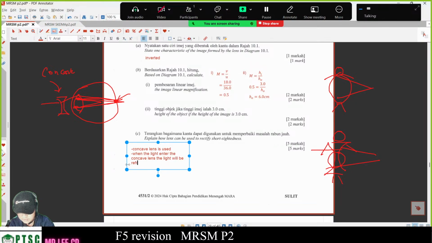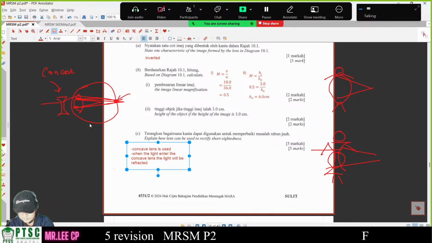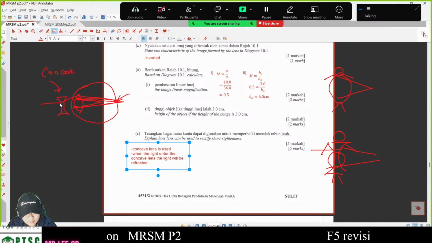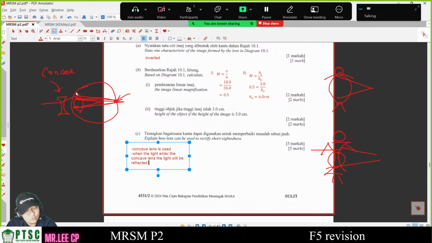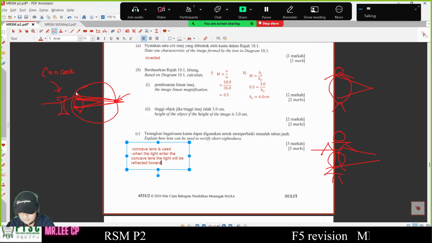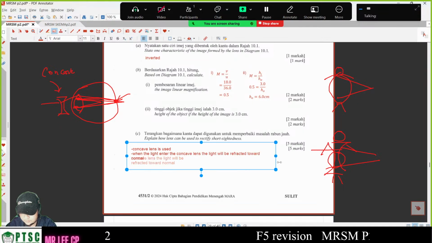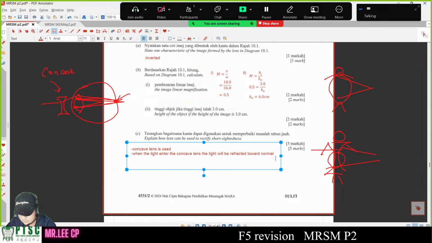Reflected first, because not enough marks, so reflected toward the normal.